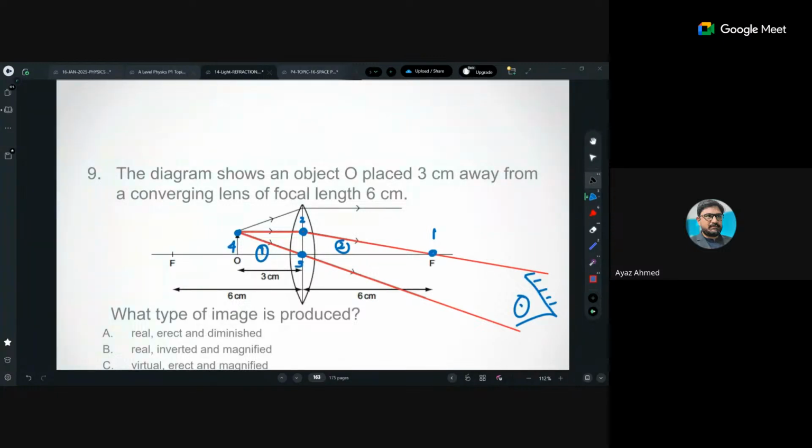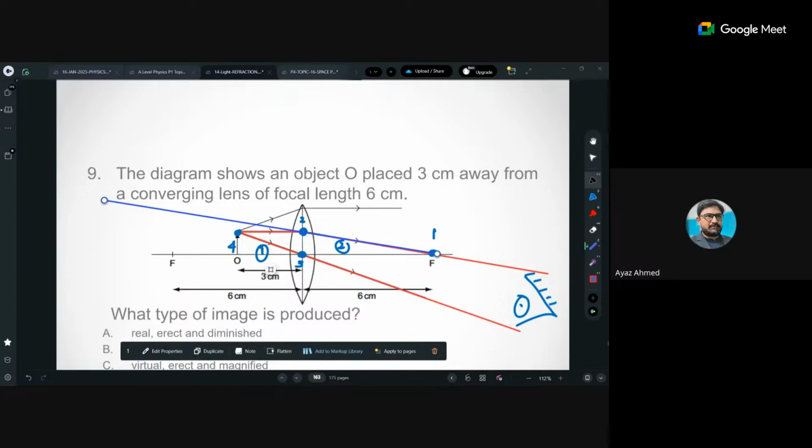So when I'm joining point number one and two, I would keep the ruler here. Then the ruler will be joining this point, and then you will have a dotted line behind and behind and behind. Got this point? Then you will join point number three and point number four.